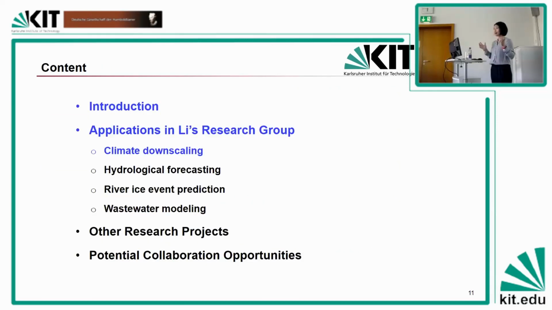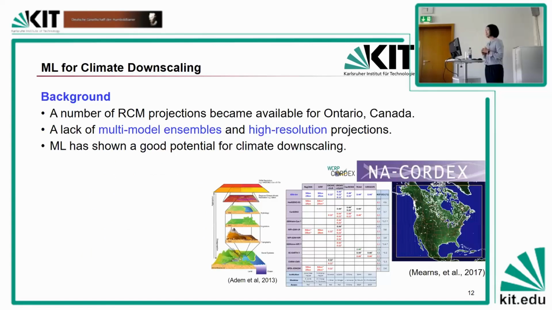So now with that in mind, I want to show you some of the applications we had in my group. The first application I want to show you is climate downscaling. This is a project that we started in 2014. The background story is that there is a number of RCM projections that just started to become available for the province of Ontario, but there is a lack of ensemble projections, and there is a lack of high resolution projections for Ontario.